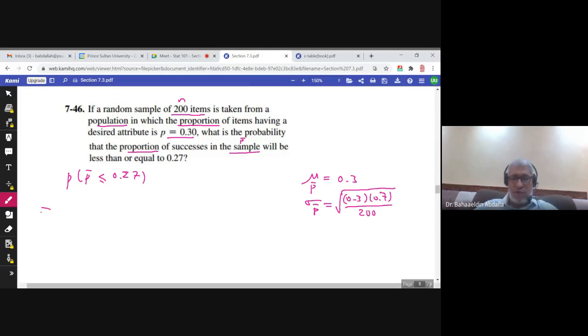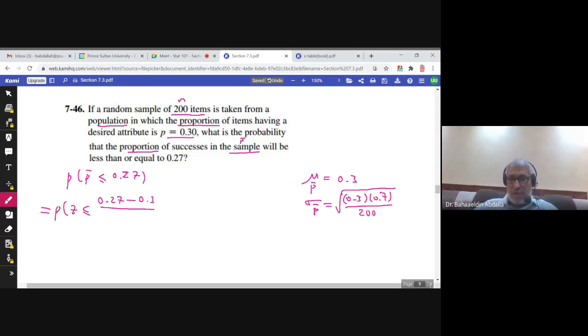So you change it to Z, it would be probability that Z is less than or equal to 0.27 minus 0.3 over this one, sigma, square root of 0.3 times 0.7 over 200.